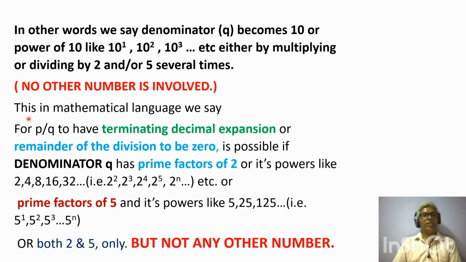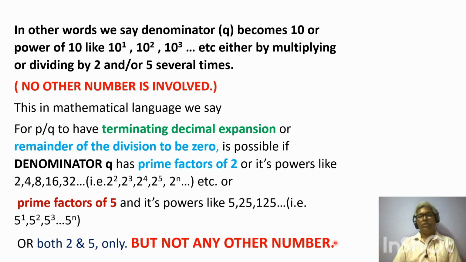In mathematical language, for P upon Q to have a terminating decimal expansion as explained above, or a remainder of the division to be 0, it is possible if the denominator q has prime factors 2 or its powers like 2, 4, 8, 16, 32, that is 2 raised to 2, 2 raised to 3, 2 raised to 4, up to 2 raised to n, or prime factors 5 and its powers like 5, 25, 125, that is 5 raised to 1, 5 raised to 2, 5 raised to 3, etc., or both 2 and 5 only, but no other number is involved.